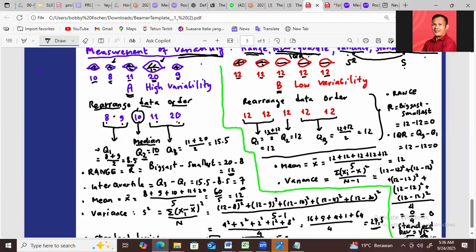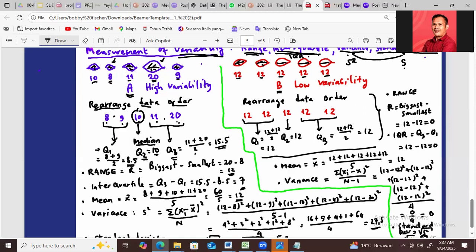So the middle value here is Q1, 8.5, and the middle value on the right-hand side is 11 plus 20 over 2, which gives 15.5, and this is Q3. So we have Q1, 8.5, then Q2, the median, 10, and then Q3 is 15.5.